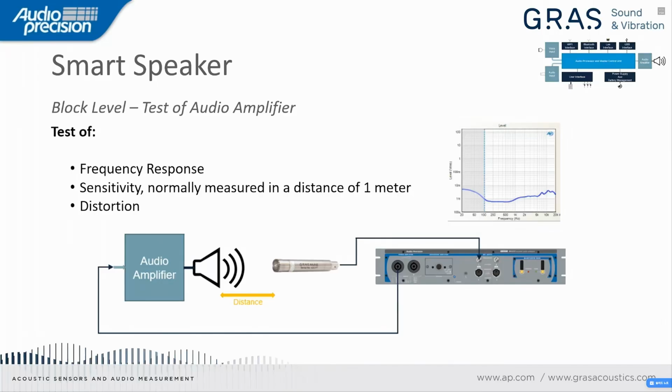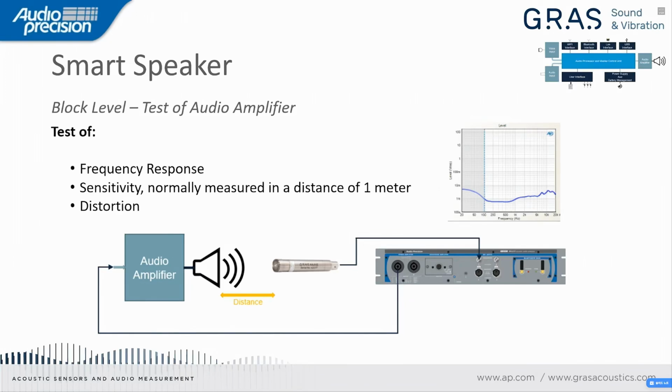The microphone will normally be placed, if it's a speaker unit we are testing, at a distance of about 1 meter. Of course, it depends a little on how big this speaker is. If it is a smart speaker, then you might go a little bit closer to the speaker, so the distance is closer.